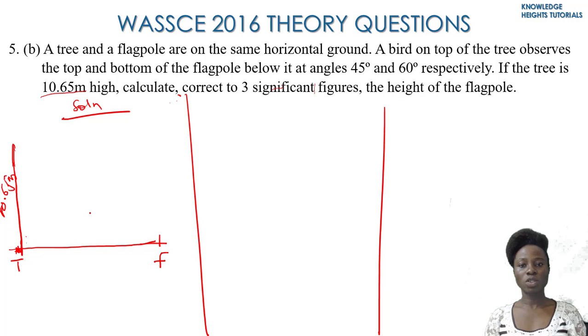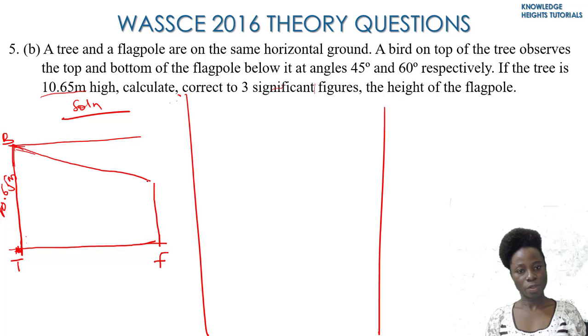And then we are told also that a bird on top of the tree, represented by B, observes the top and the bottom of the flagpole. So if the bird is able to look on top of the flagpole, this indicates that the flagpole is shorter. So let's assume that this is the eye level of the bird. It's observing the top of the flagpole.